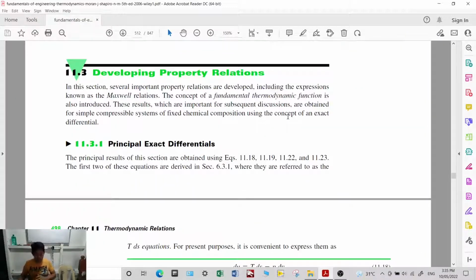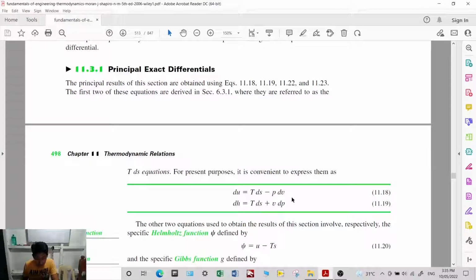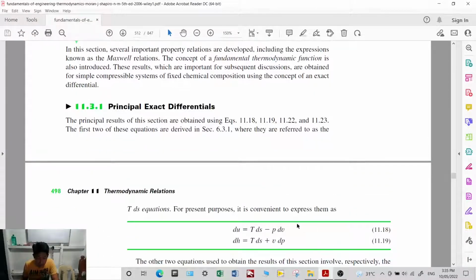Okay, so let's proceed with the property relations. For today, we will derive two new properties.